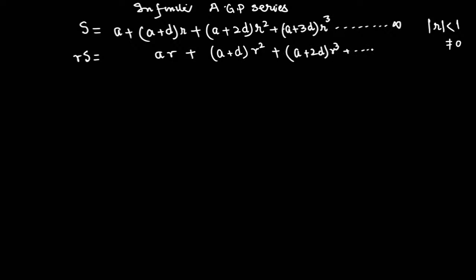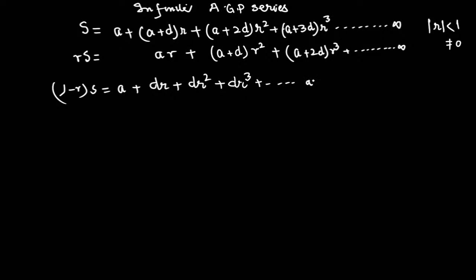It goes to infinity because infinite terms become zero. Subtract it, 1 minus r into S. When I am subtracting, S minus rS, this becomes a plus dr square plus dr cube plus dotted, it goes to infinity.